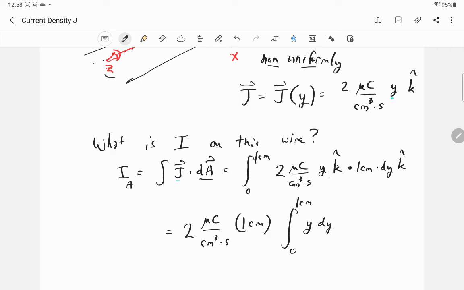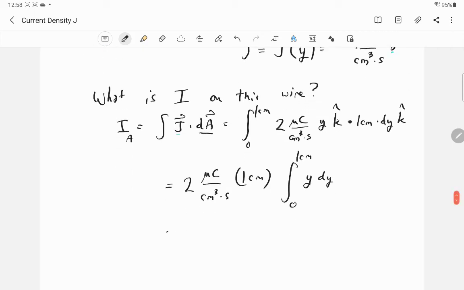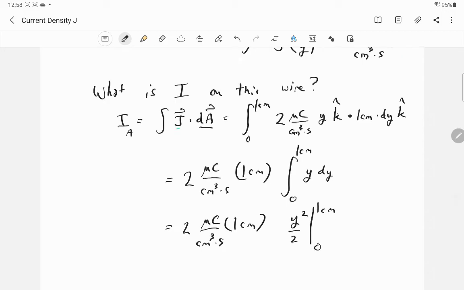So that's what's left over. And then if you continue, the integral of y dy is y squared over 2. And then out here I've got a centimeter and this constant still there. Definitely something I can do with the units, but I'll wait to do them later. Over here, the integral is y squared over 2, but you have to evaluate at the bounds, from 0 to 1 centimeter.